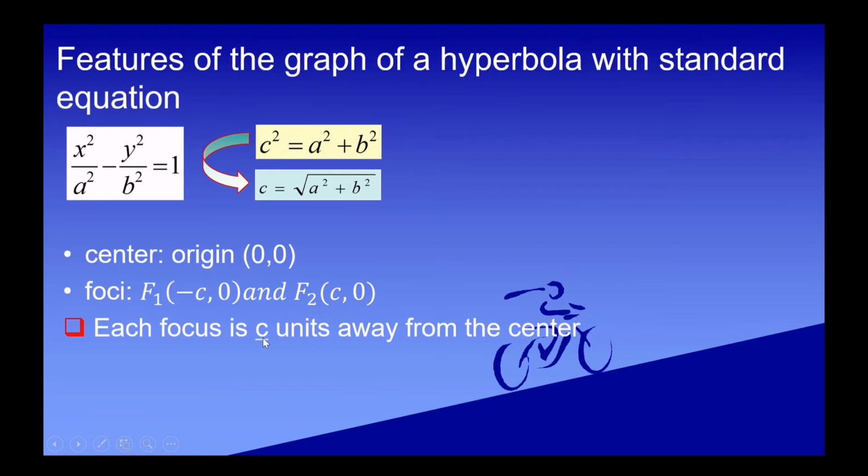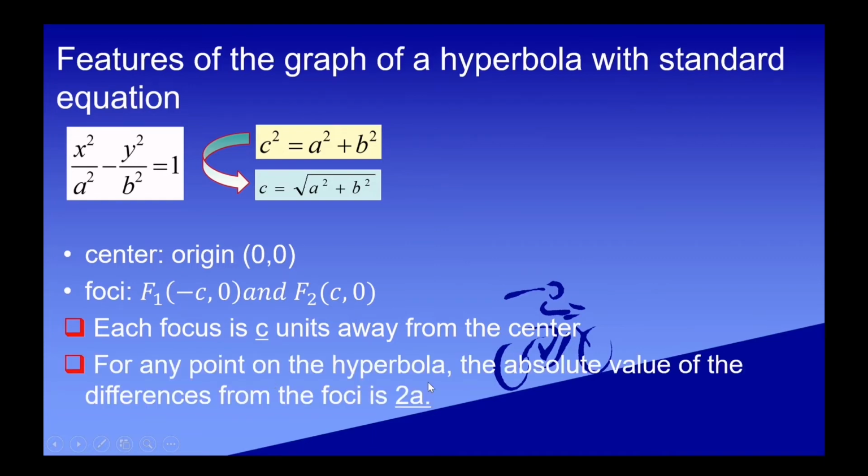Its focus is c units away from the center. And for any point on the hyperbola, the absolute value of the difference of the distances from the foci is 2a. Yung na-discuss natin kanina, the absolute value of the difference of F1 and F2 distances is equal to 2a, with the use of the distance formula.